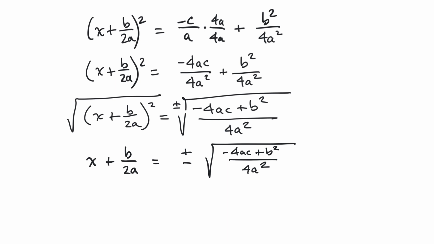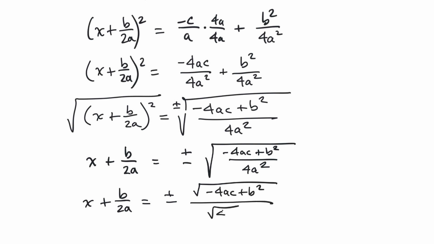So I can rewrite it so that we have the square root of our numerator divided by the square root of our denominator. So this would be x plus b over 2a equals positive or negative, and then we have the square root of negative 4ac plus b squared over the square root of 4a squared.